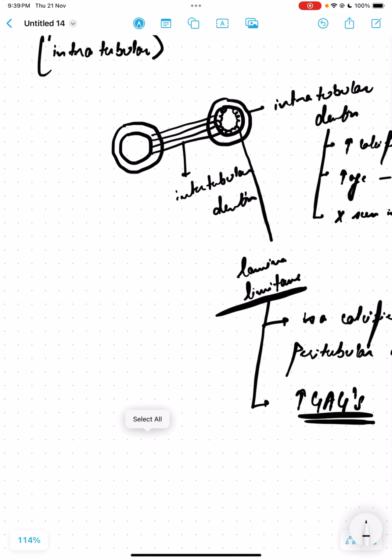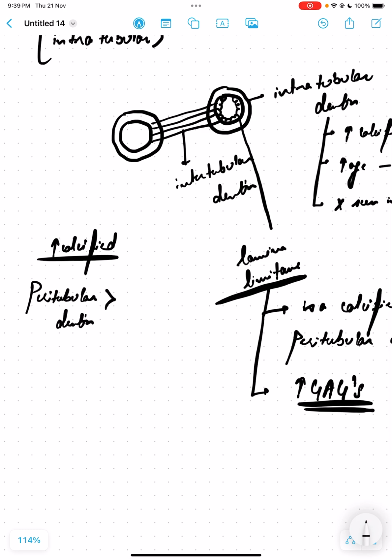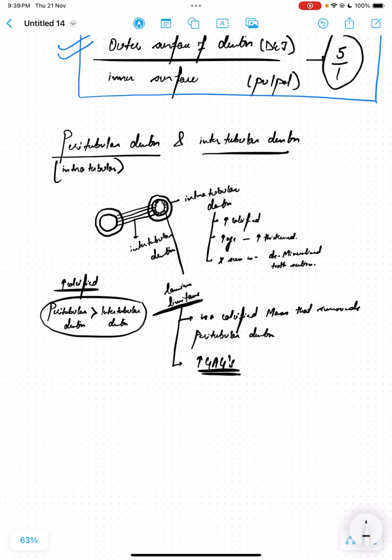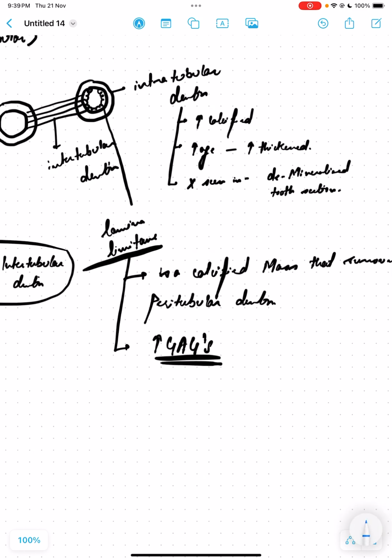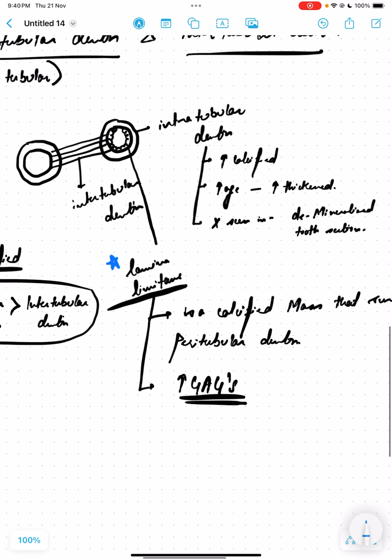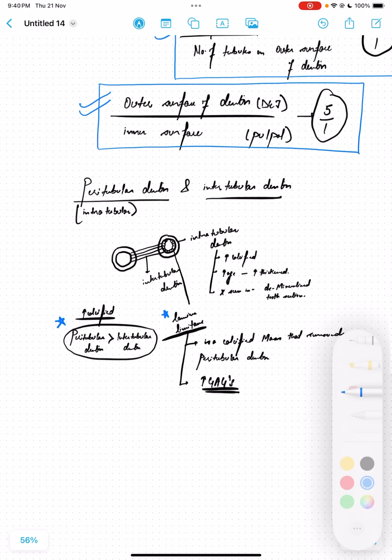I will write it down for all of you: peritubular dentin is more calcified than intertubular dentin. So first of all, remember lamina limitans, and the peritubular and the intertubular dentin.